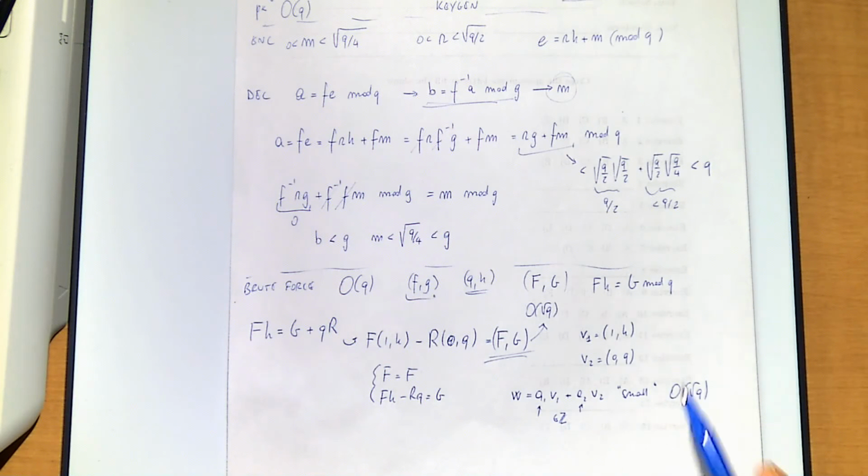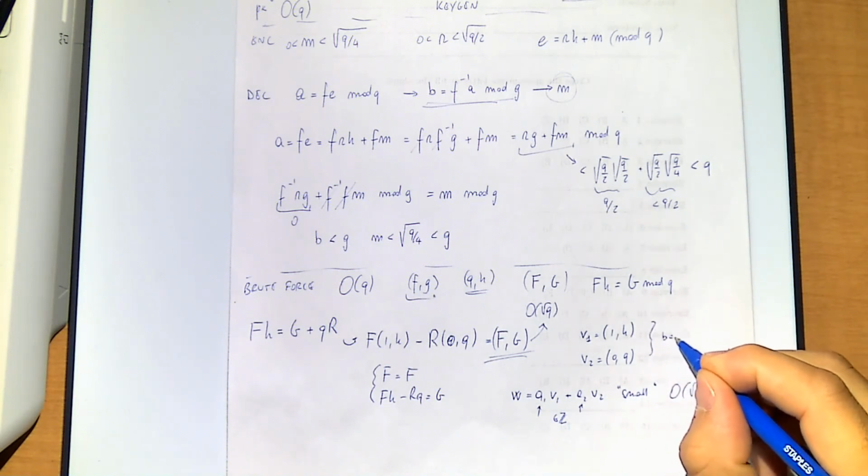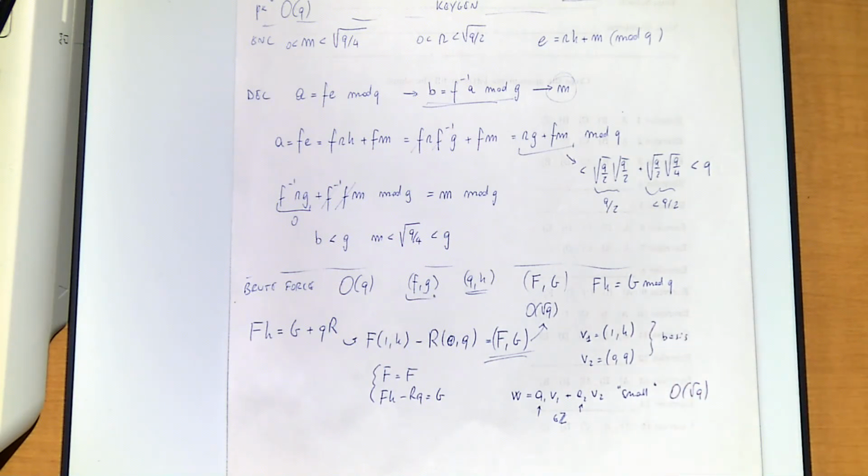I can think of this as a basis now. If you take a basis, what is a vector space? It consists of all the multiples and combinations of that basis, except that these are integers. So it's not a full vector space, but only the integer combinations of these basis vectors.